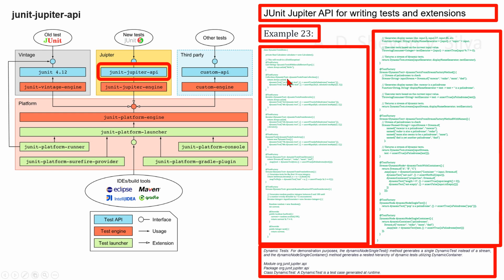The following DynamicTestsDemo class demonstrates several examples of test factories and dynamic tests. The first test method returns an invalid return type.